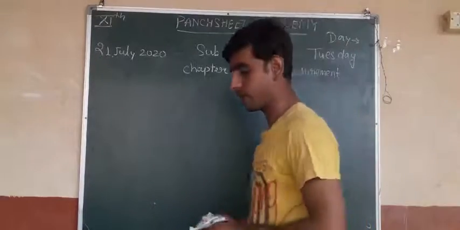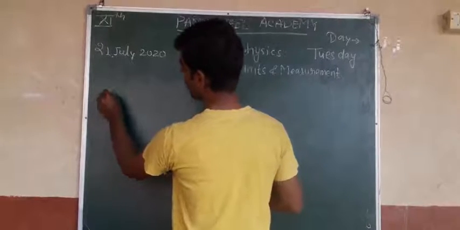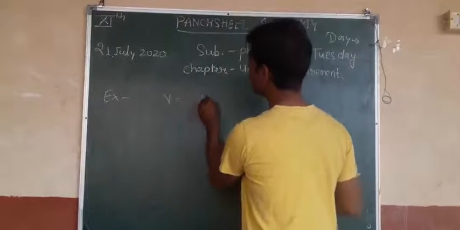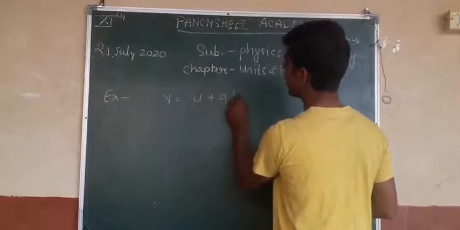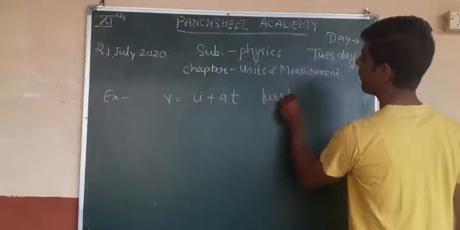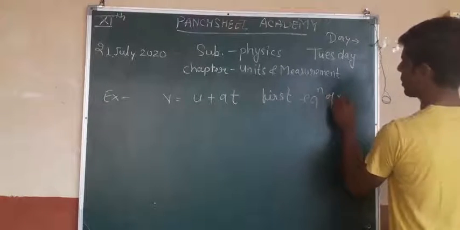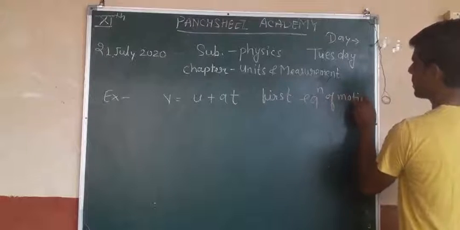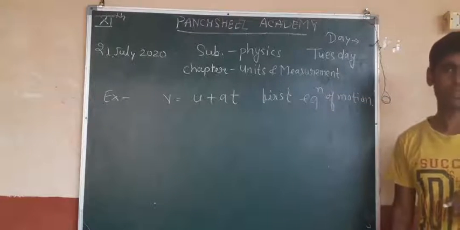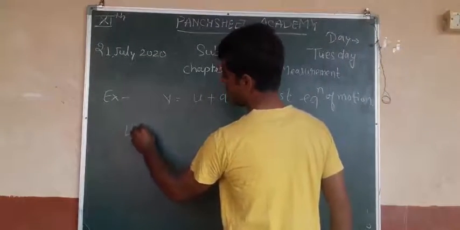As you know, in class 9th you studied v equal to u plus at. This is the first equation of motion, and if you want to check the consistency of this equation, first take the LHS side.